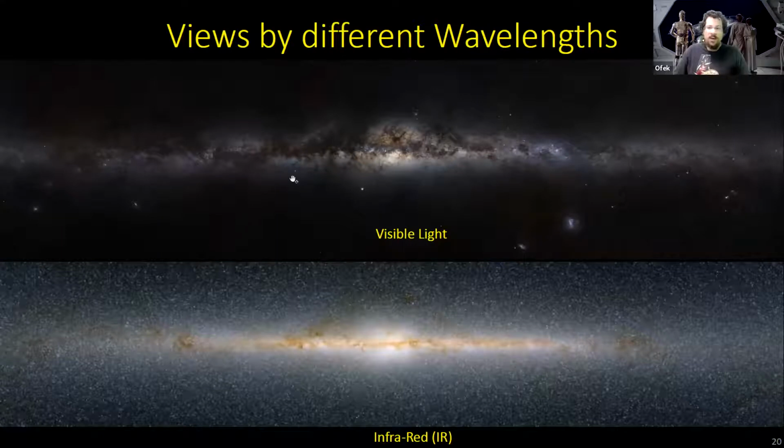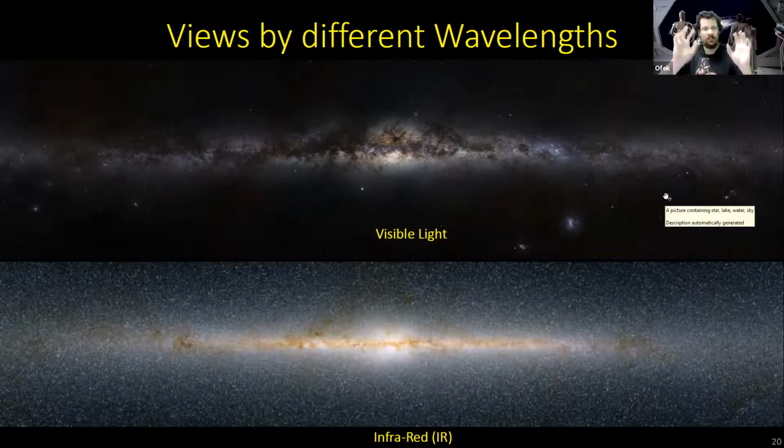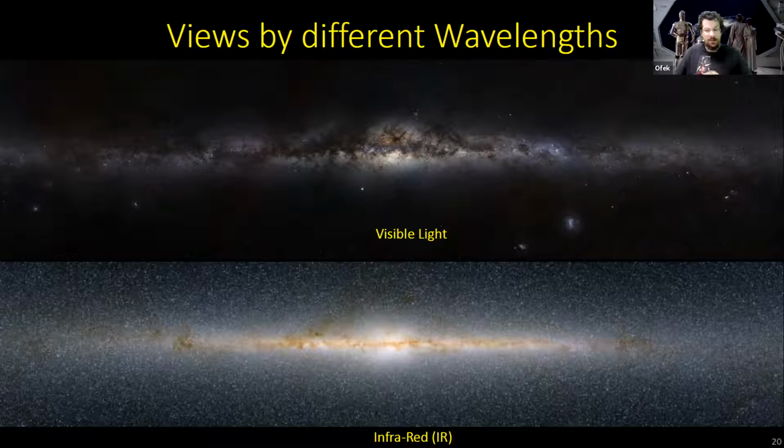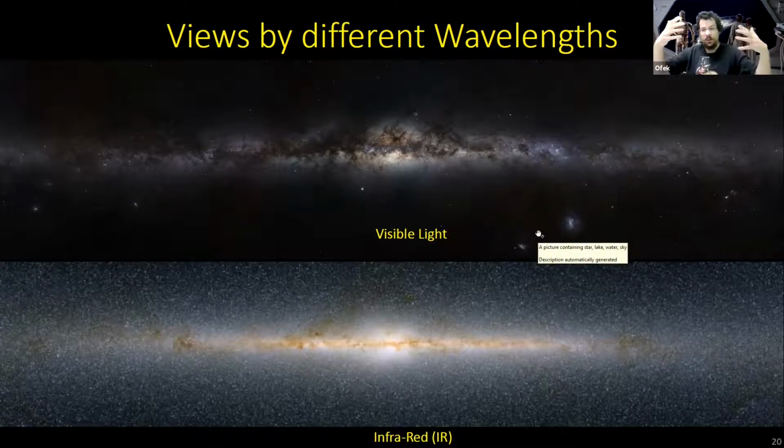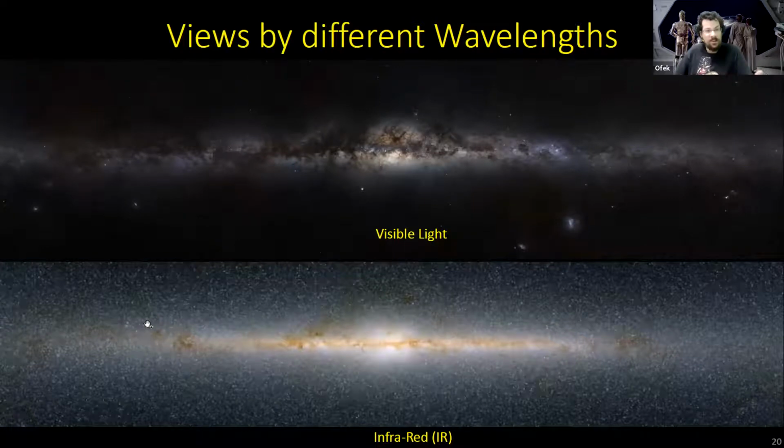You would see dark lanes, dust lanes, and some light scattered from around it. In infrared, there's a lot less scatter, and so you can see a lot more of the galactic plane showing off. You don't see the dust anymore. You can see through the dust, and you can see this red disk of the galactic plane.